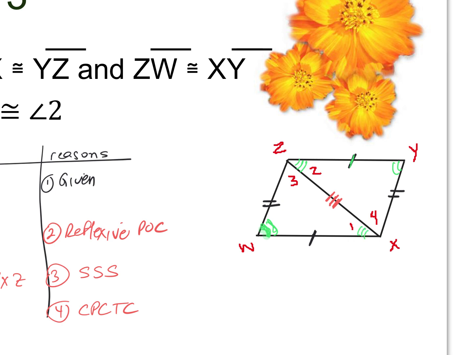These correspond together. And then angle 3 and angle 4. So I know that angle 3 and 4 are corresponding and congruent, 2 and 1 are corresponding and congruent, and W and Z are corresponding and congruent.